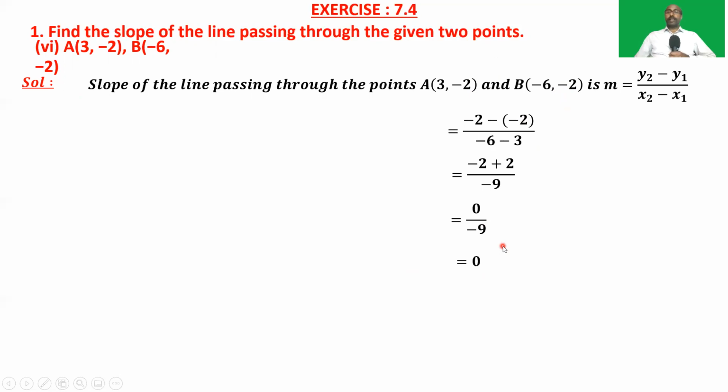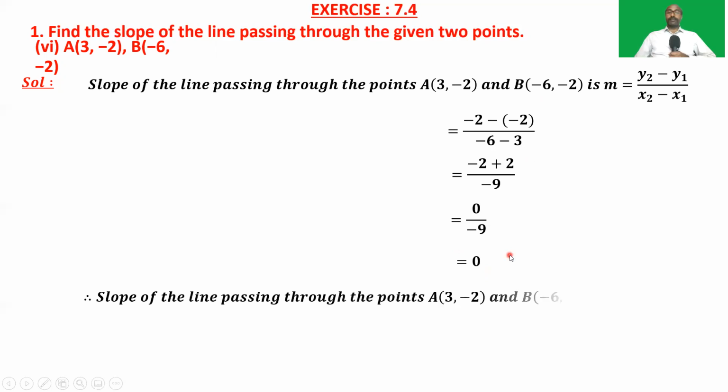That means the line is parallel to x-axis. If we plot these points in the coordinate plane and join them, we get a line parallel to x-axis. So the slope of any line parallel to x-axis is 0. That's why here we get the slope as 0.